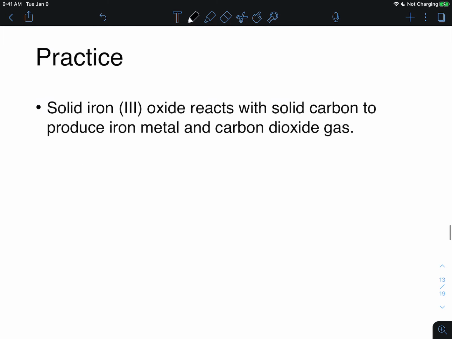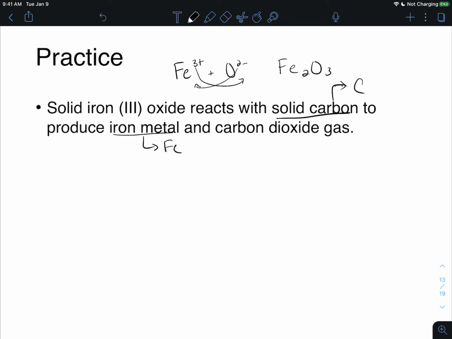Okay, one more example. We have solid iron 3 oxide, so iron 3 and oxygen. We combine those. Remember that goes here, that goes here. So we have Fe2O3. And solid carbon, this is not a polyatomic, so it's just a C. Iron metal, Fe, carbon dioxide, CO2.